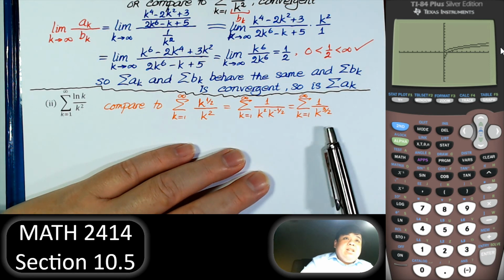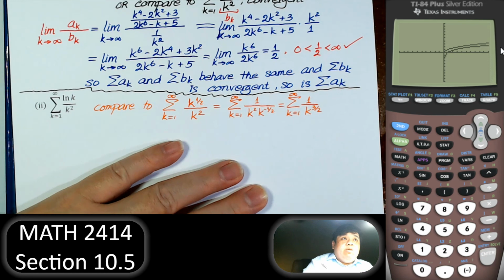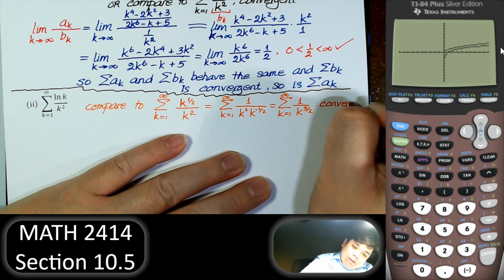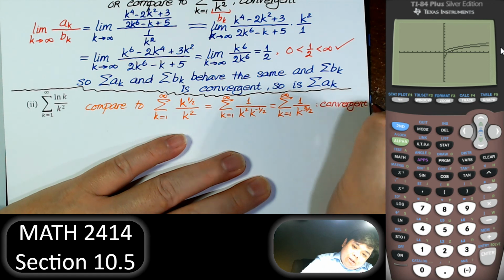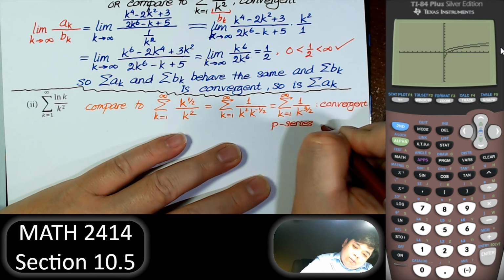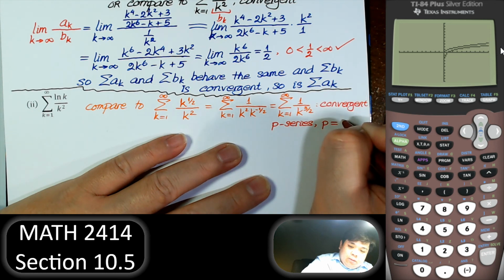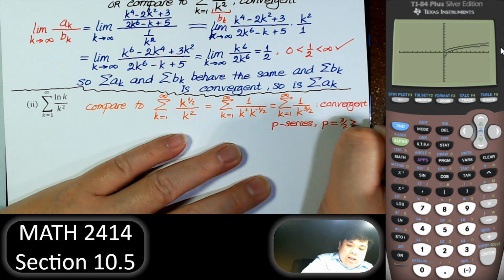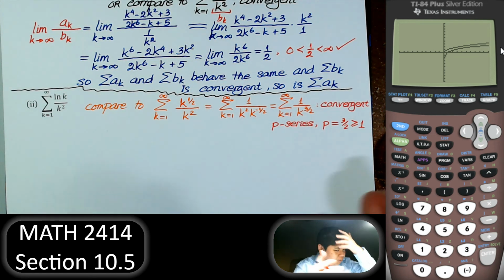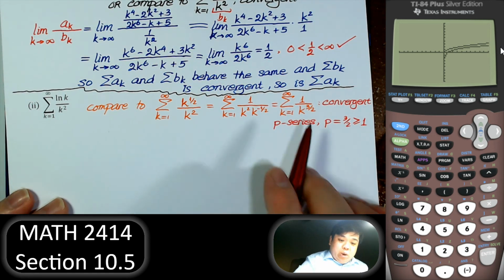And this is a p series where p equals 3/2, which is convergent. Anything greater than 1 in the p series is convergent. So we actually compare to this.